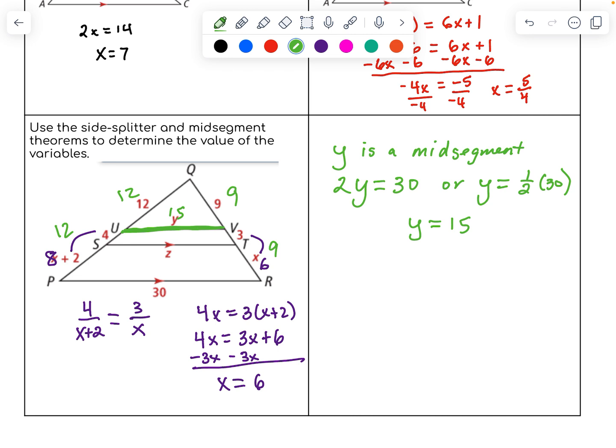Okay. So then how can we find z? To find z, we can use proportional relationships here. So we can use some proportional ones. And so if you think about it, to find z, we got this triangle right here.